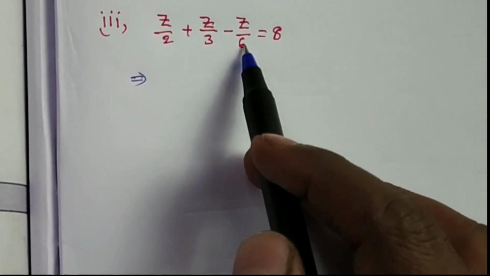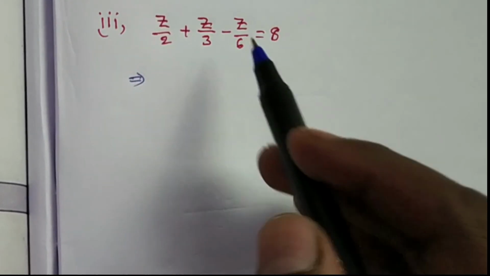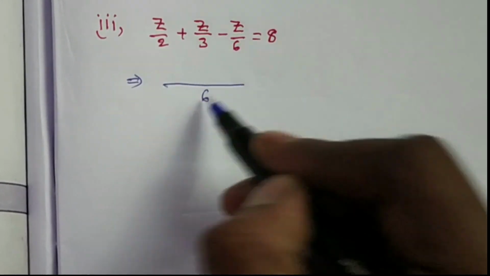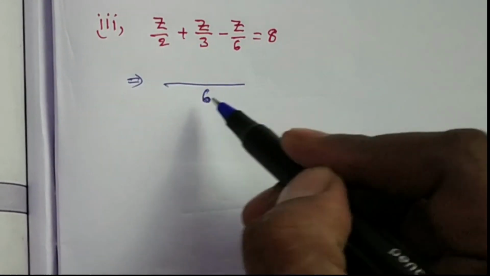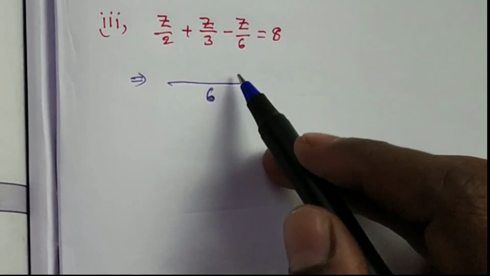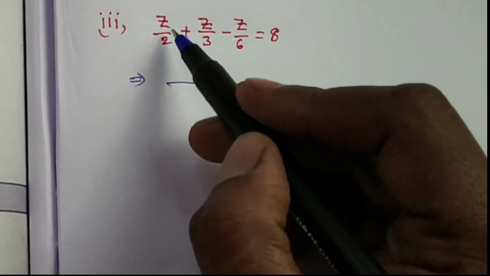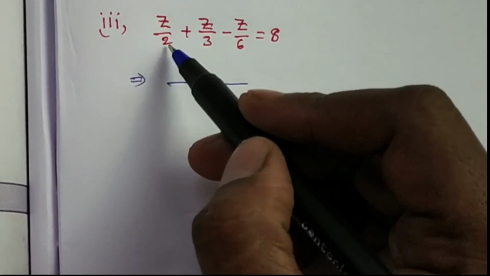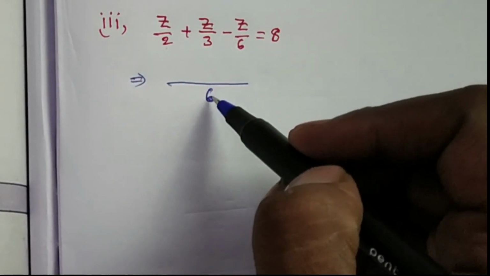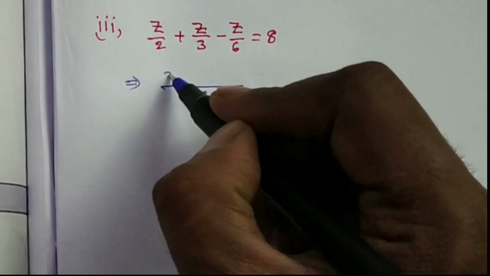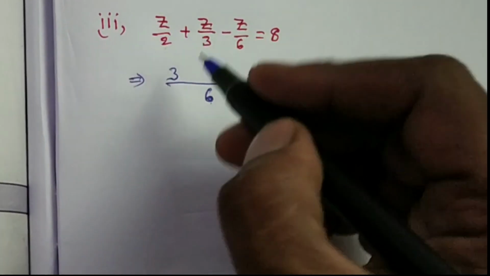Among all the factors, 6 is the largest number. So LCM of 2, 3, 6 is 6. Without doing the division method, we can calculate like this. So now in the first fraction, denominator 2, in the LCM 6, 3 times will cancel. 3 into this numerator. So 3 into z, 3z.